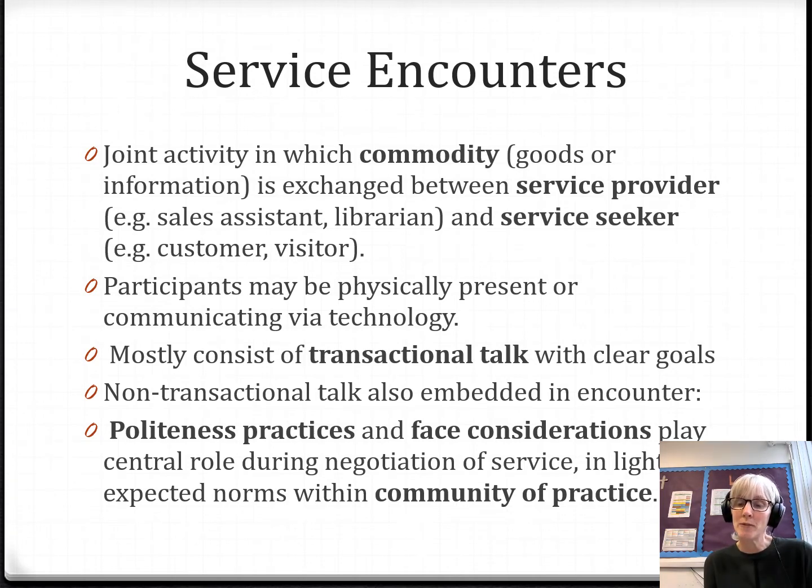We've talked about how different American politeness practices are to British ones. It's very interesting when an American company, like an American fast food company or an American coffee bar, opens in Britain and brings along its politeness practices to the service encounters. They can play very differently in a British context than an American one.